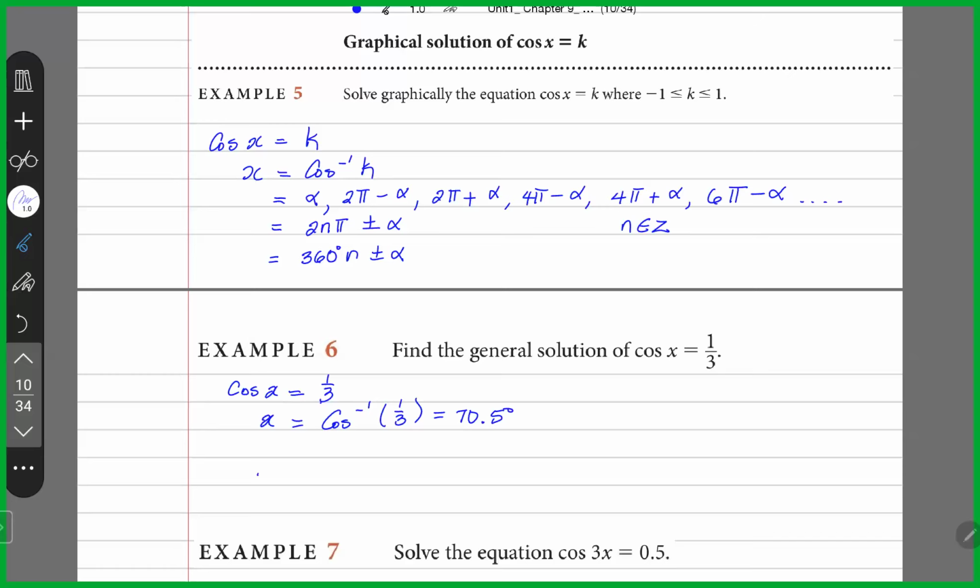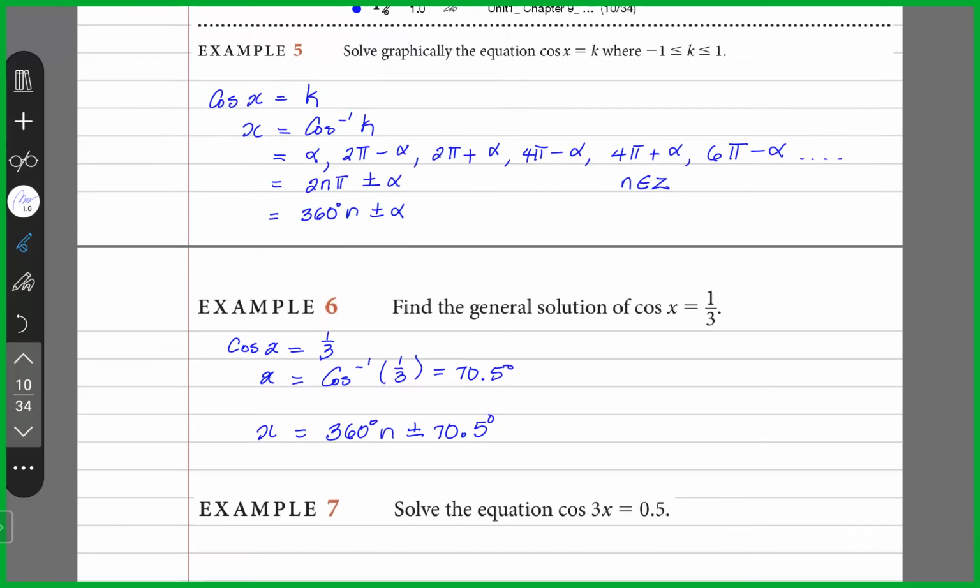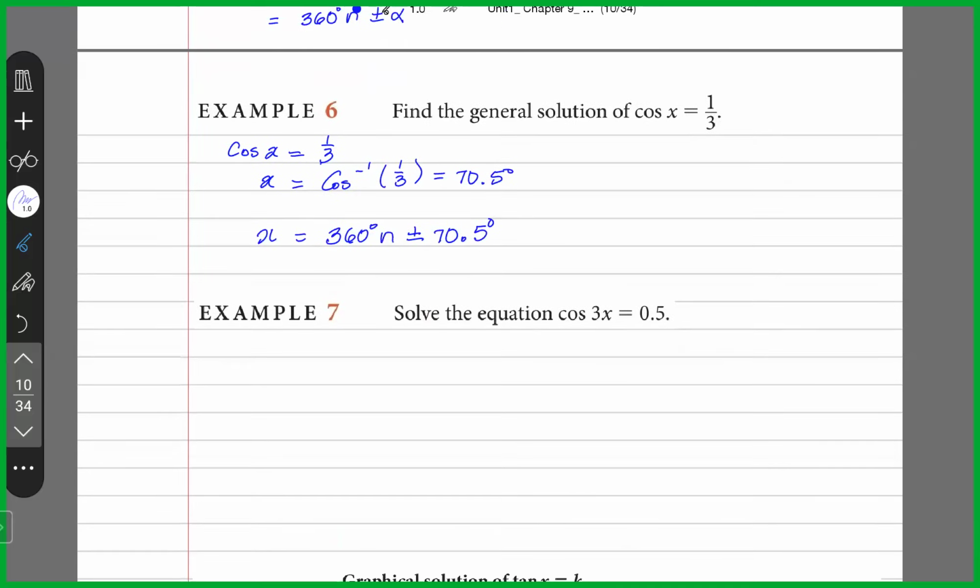And the general solution is x is equal to 360 degrees n plus or minus 70.5 degrees. That would be my general solution. There it is in degrees. Let's have a look at example 7.